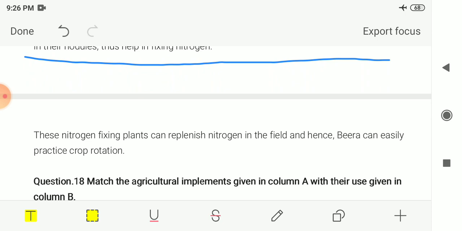He can sow these leguminous plants, that is pea and soya bean, to restore nitrogen in the field, because they have rhizobium bacteria in their root nodules.